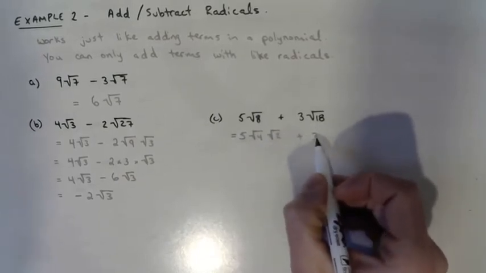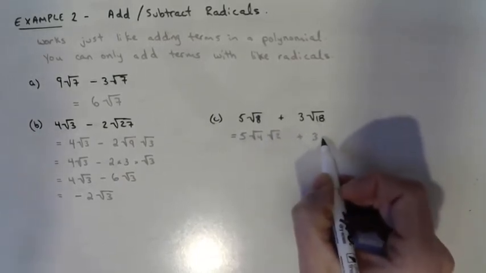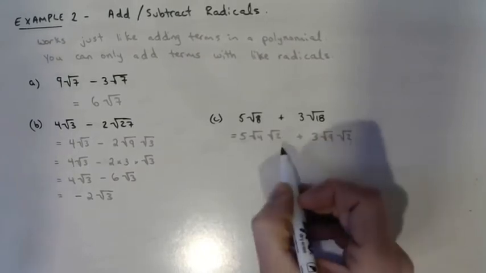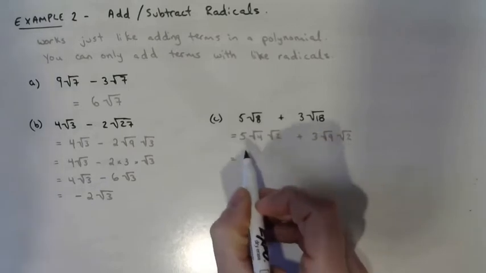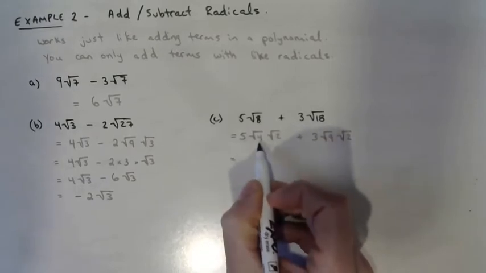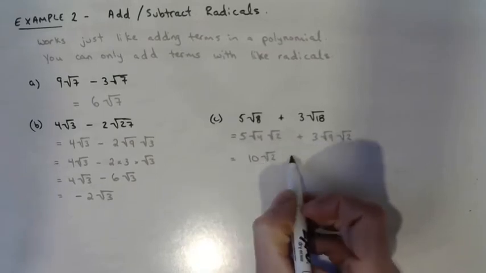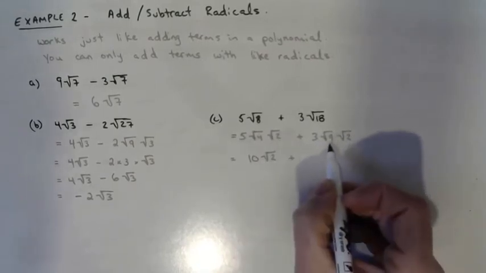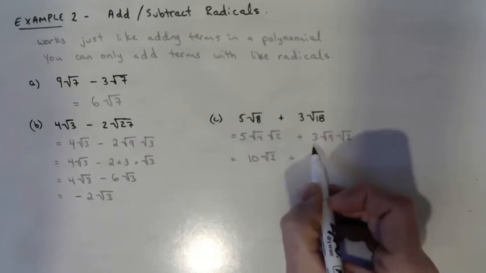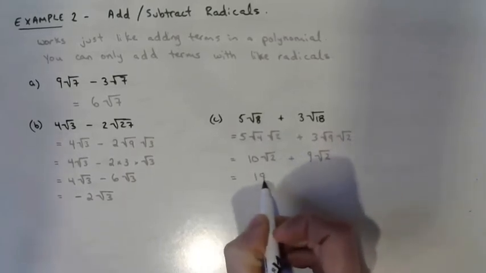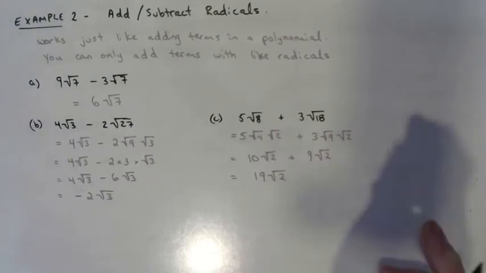And on this side, this is radical 9 radical 2. So I am going to have a like radical. Well, square root of 4 is 2. 2 times 5 is 10. Here I have 10 radical 2. Square root of 9 is 3. 3 times 3 is 9. So here I have 9 radical 2. I'm adding these guys up, so I have 19 radical 2.